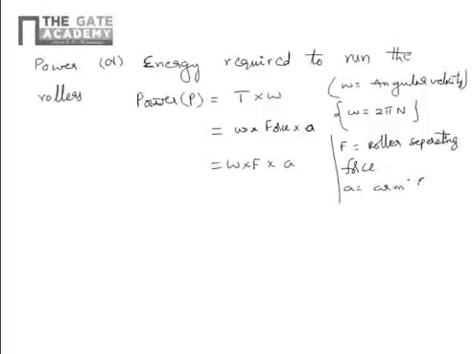A is the arm factor, the moment arm. A equals lambda L. Lambda is a constant, which is called the arm factor.